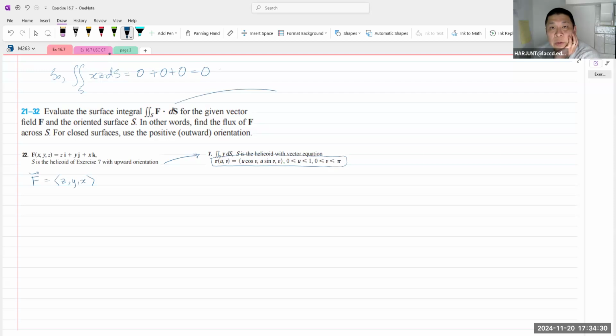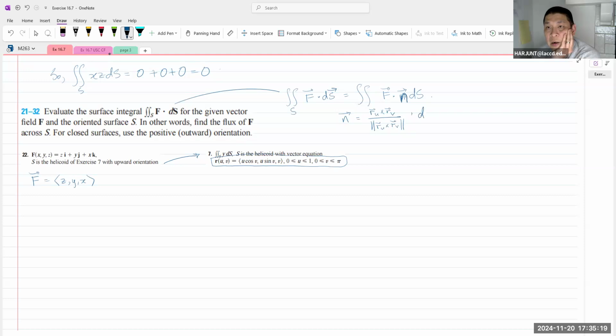Now let's remind ourselves. When we have the double integral over S of F dot dS, that dS is actually F dot the unit normal vector of that surface S. So in this case, the N will be R sub u cross R sub v over magnitude of R sub u cross R sub v.